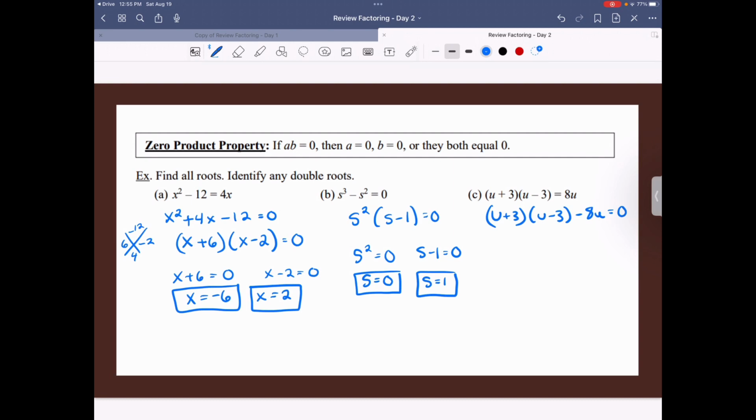So what we need to do is distribute out and then see if we can find factors. So this is a difference of squares. When I distribute, I get u squared. I get 3u and minus 3u, which cancels. And 3 times negative 3 is negative 9. Then we have minus 8u equals 0.